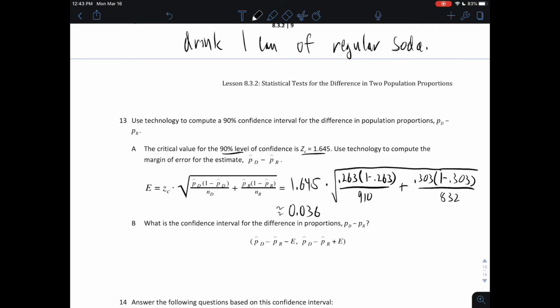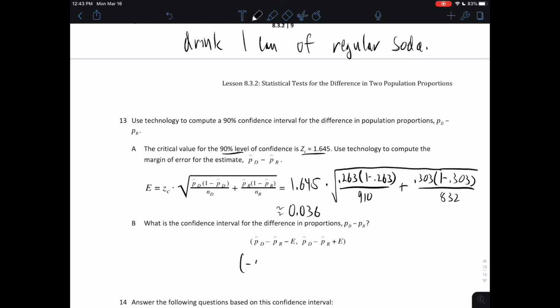So then part B says, what is the confidence interval for the difference in proportions PD minus PR. Here we would just take our difference, p hat D minus p hat R, and then subtract the margin of error, and then take p hat D minus p hat R and add the margin of error.